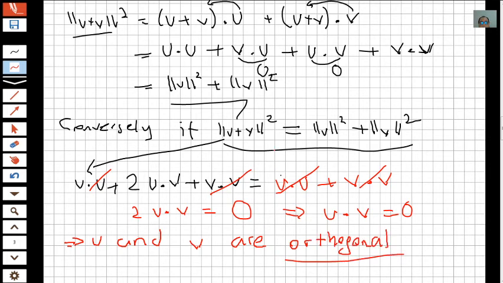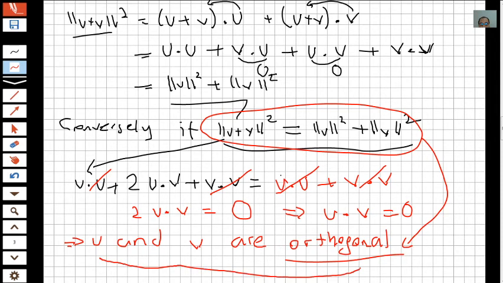Okay, just when we have this equality, we understand they are orthogonal. Conversely, if u and v are orthogonal, we obtain this one. Okay, we have two side proofs here.